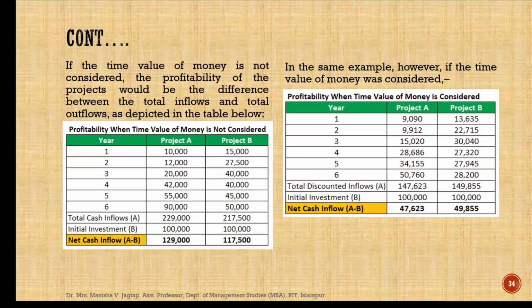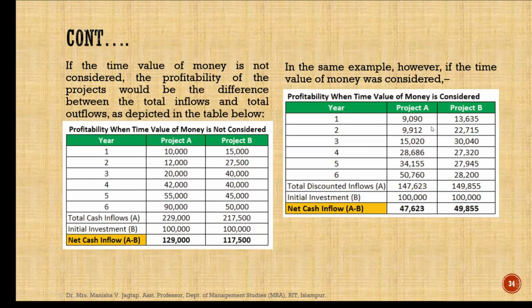The 10% discount factor is already given. So we calculated the 10% discount factor for 6 years, and in this way we have derived the present value of cash inflow for project A and project B, which is mentioned here.